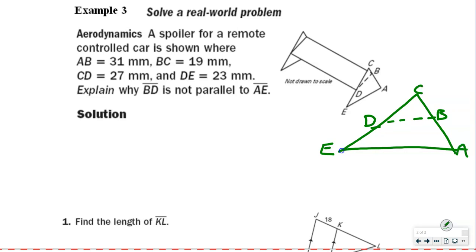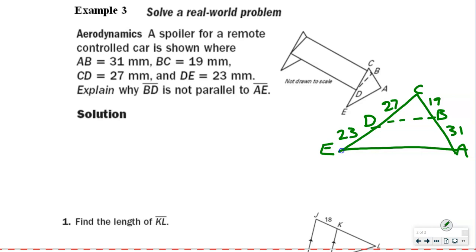All right, so we were told AB equals 31, BC equals 19, CD equals 27, and DE equals 23.